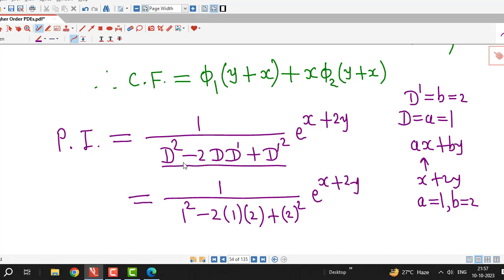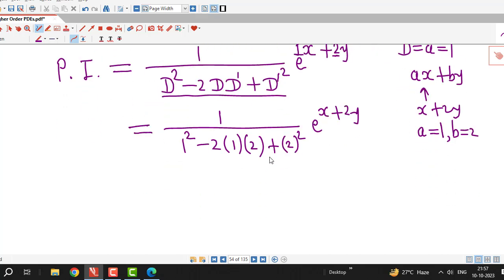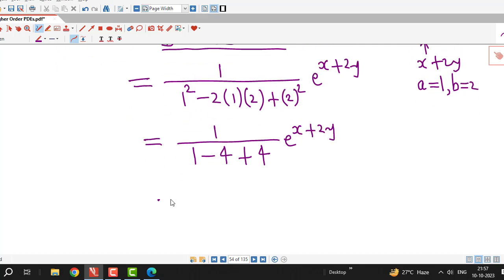Here D is 1, that is the coefficient of x, and D' is the coefficient of y, that is 2. And we have to check whether this quantity is non-zero or not. So we can write one more step. This is 1 minus 2 into 2, that is 4, plus 4, e raised to x plus 2y. So the 4s will get cancelled, and we have a non-zero quantity, 1 over 1, that is e raised to x plus 2y.